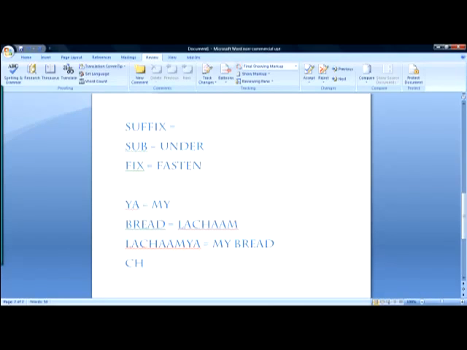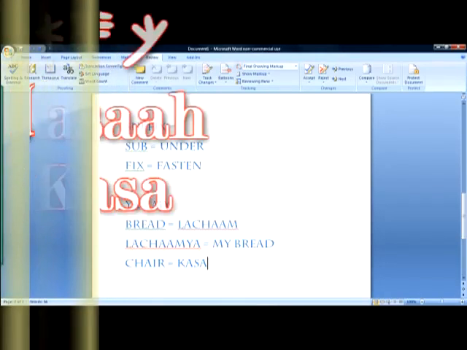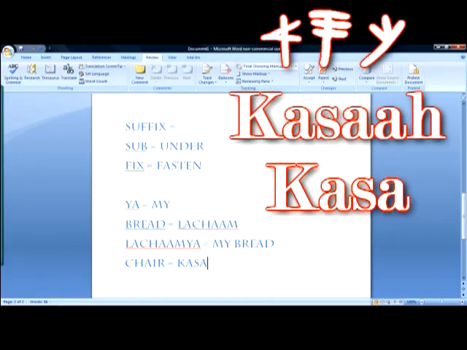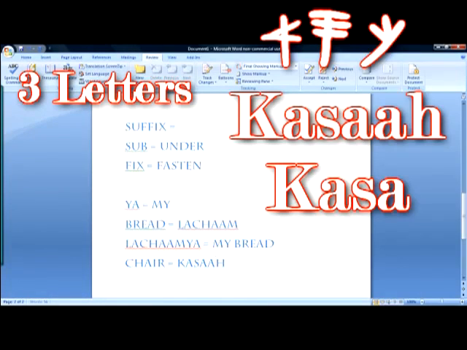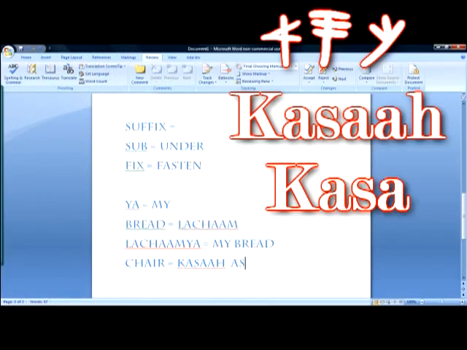I'll give you another example. The word for chair is kasa, but there are 3 actual Hebrew words that you put together that make it this word.